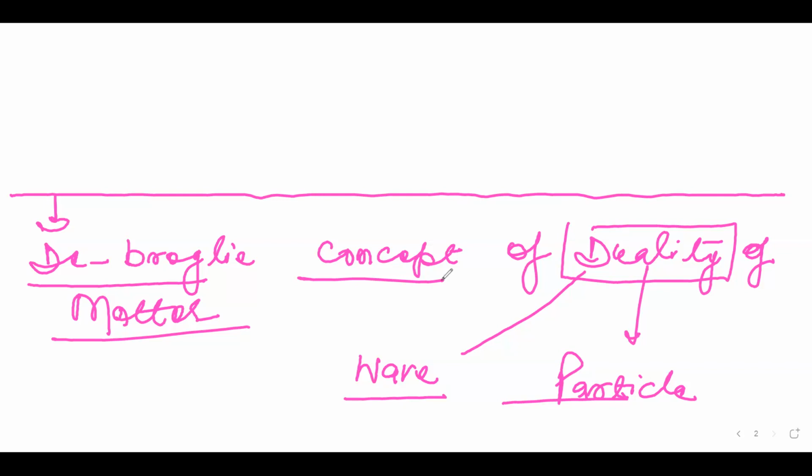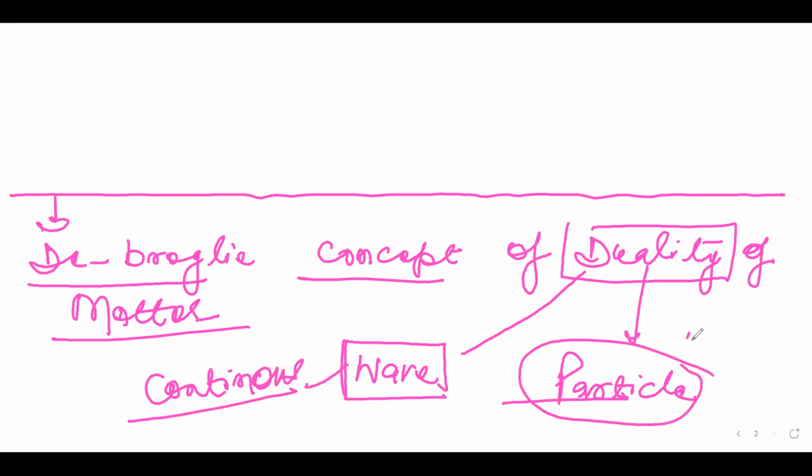Matter is being considered as a wave. Wave means continuous. And particle means discontinuous. De Broglie said that matter has both these natures, and how they are present and related will be seen with this equation.